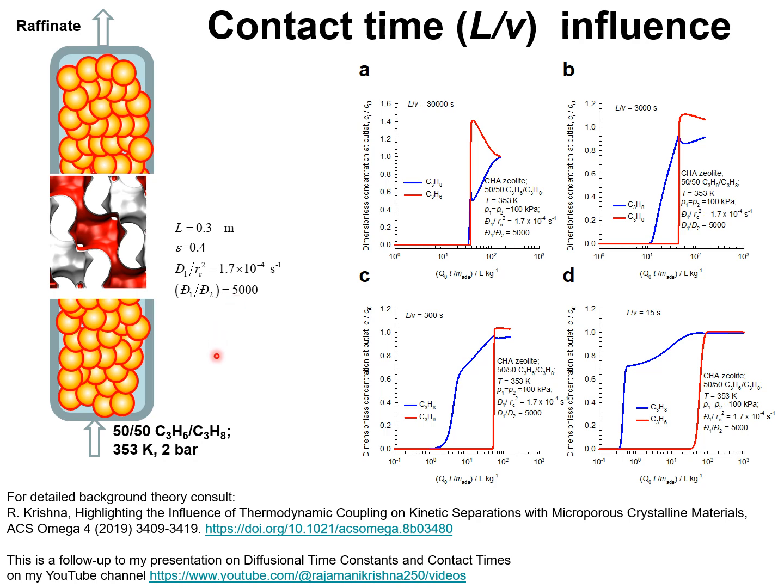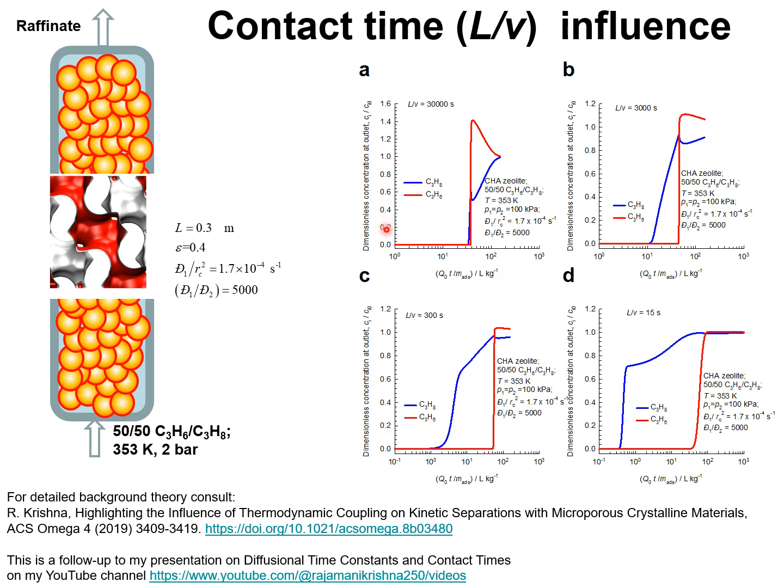By varying the gas velocity at the inlet, we can examine the influence of contact times on the separations. I consider 4 scenarios, A, B, C, and D, wherein the contact times are reduced from 30,000 seconds to 3,000 seconds to 300 seconds to 15 seconds.